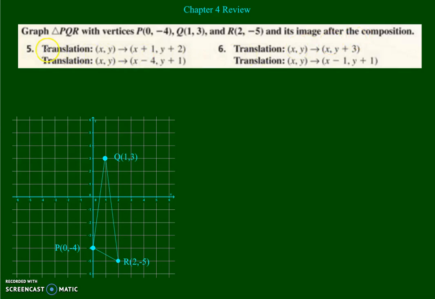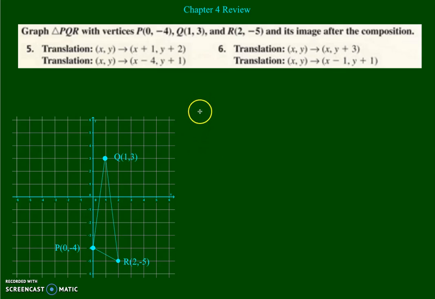So what we're going to do is take our original points and translate them with this transformation, and then with those transformed points we're going to make a second transformation. So we're going from the original image points to the first image points and then the second and final image points. So let's get started with that, and let's write down our original points.